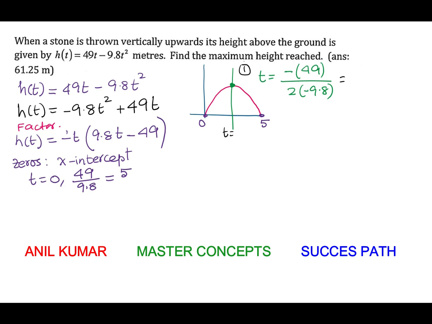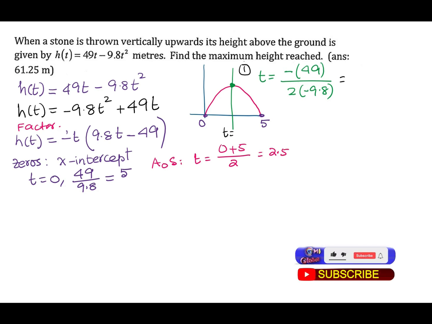To get the axis, it is now the average of these, right? So the axis of symmetry is for t equals the average of this, 0 plus 5 divided by 2, which is 2.5. You get the idea? So we got the center value, which is 2.5. Now let me take the help of a calculator since we really want to find the height this time.